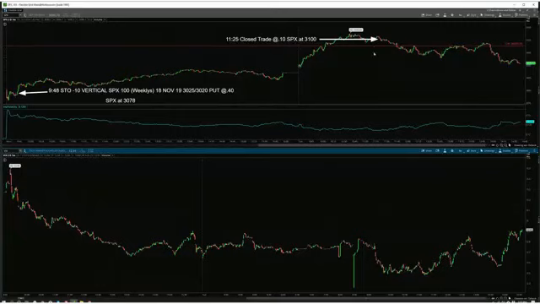Now, the important thing I want to show you is that it didn't close at the top of the market when we were at 3102. It closed below 3102, at 3100, as the market was starting to go down.